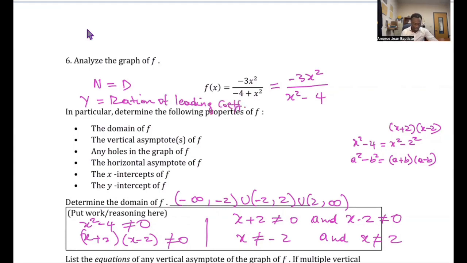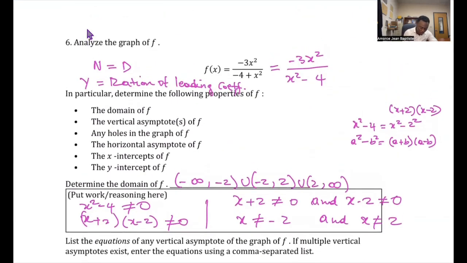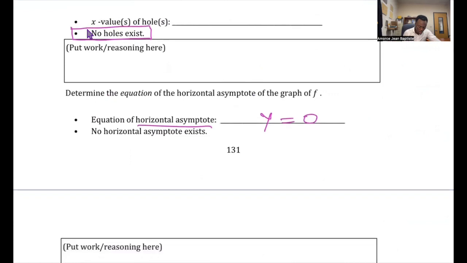I'm sorry I put 0, but it's not going to be 0. Leading coefficient in the top is negative 3. Leading coefficient in the denominator is 1. So the equation of the horizontal asymptote will be negative 3 over 1, which is just negative 3. So we use the ratio.